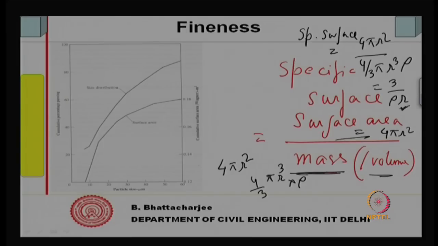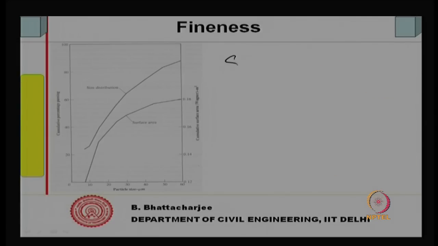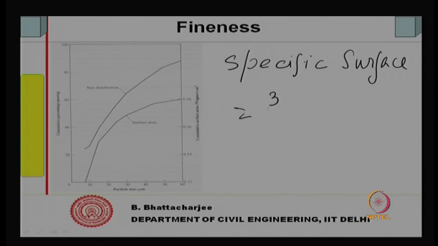So, finer the particle, more will be the specific surface. Let me just write this again simply. Specific surface is 3 by r rho.